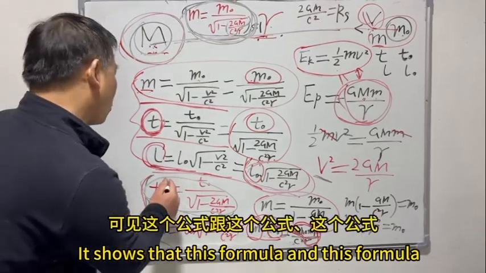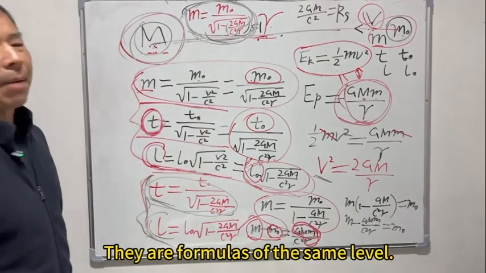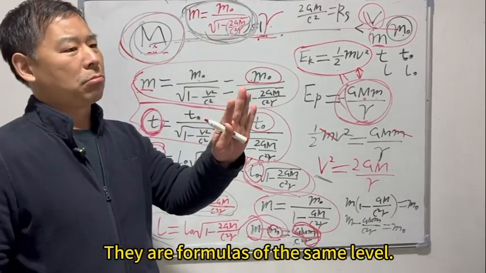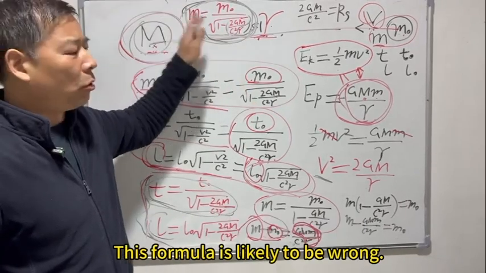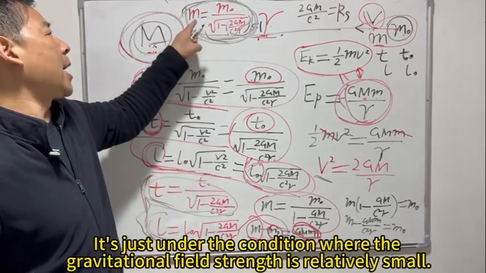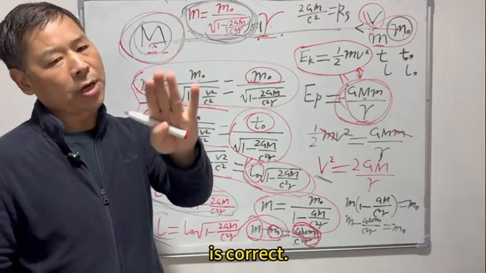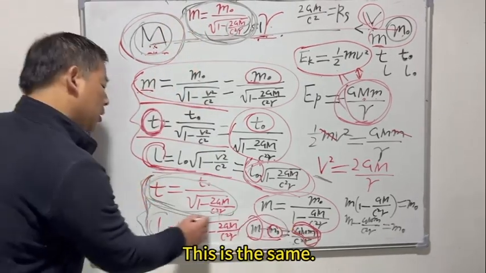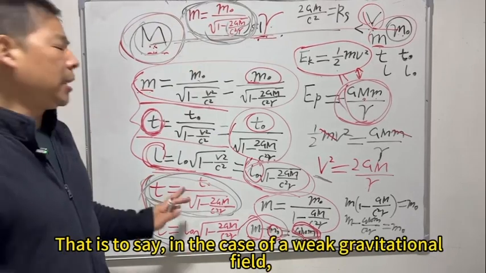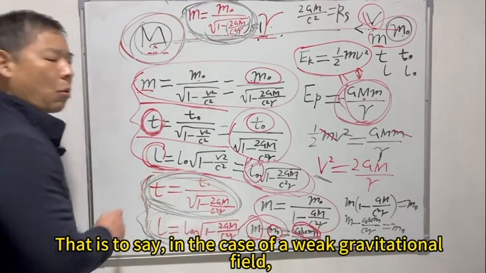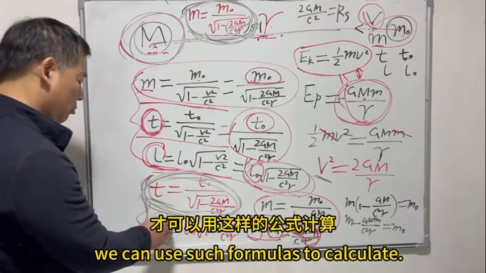It shows that this formula and this formula are formulas of the same level. This formula is likely to be wrong. It is only correct, or close to correct, under the condition where the gravitational field strength is relatively small. That is to say, in the case of a weak gravitational field, we can use such formulas to calculate.